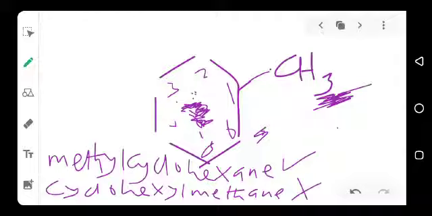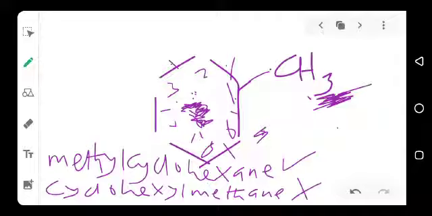Now why ane? Because it is under cycloalkane, so it has only single bonds all through. It would be wrong for any person to say that the name of this is cyclohexamethane or any other thing.